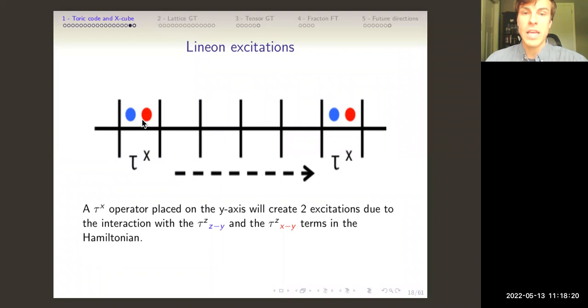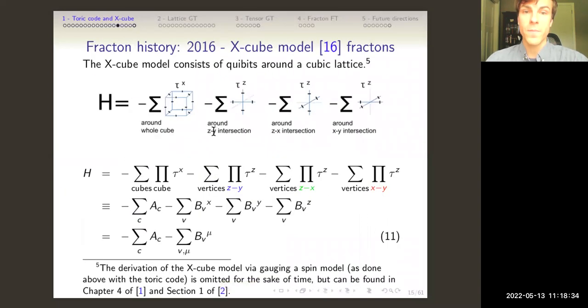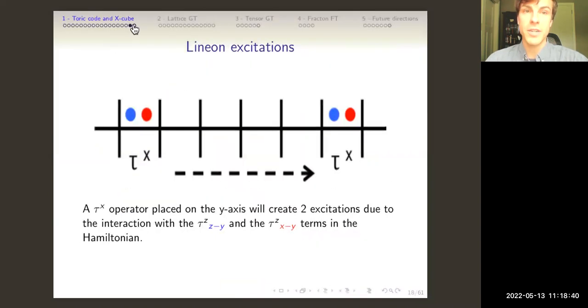So for instance, if we think about the y-axis, the 2 excitations would be along the terms that have gauge fields on the y-axis, notably this one and this one. And so leading to a lineon excitation.